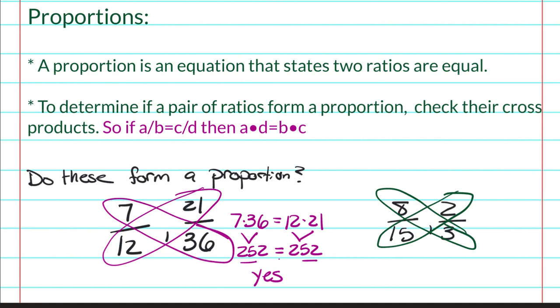So I have 8 times 3 equals 15 times 2. 8 times 3 gives me 24, equals 15 times 2 gives me 30. 24 and 30 do not equal each other. So right here is the not equal sign. So the answer is no. Those two ratios are not proportional.